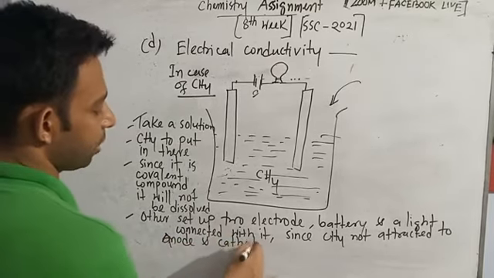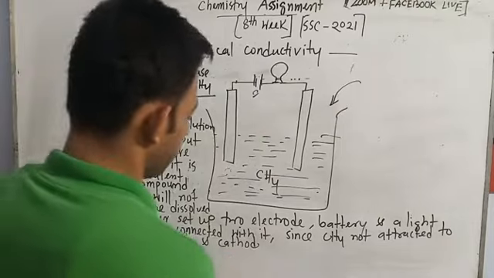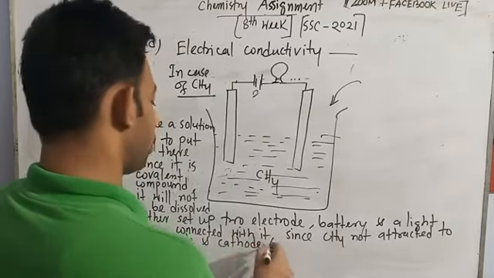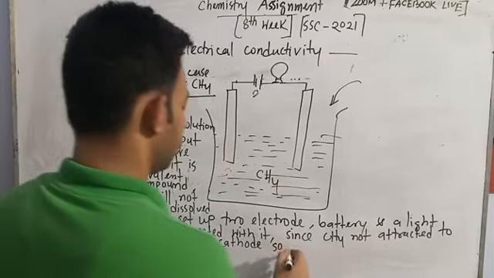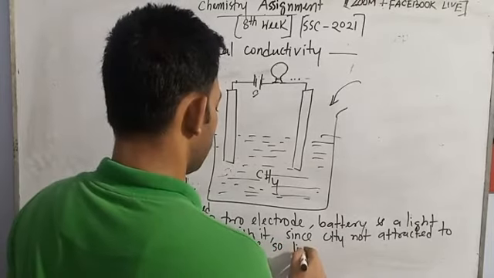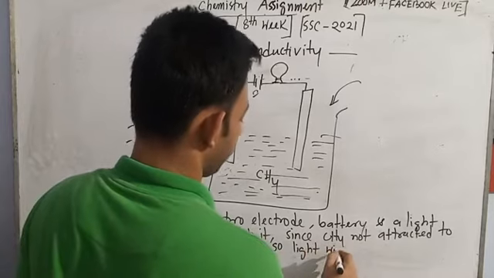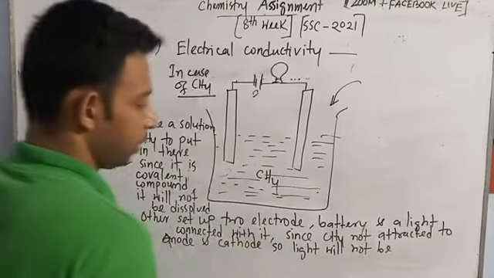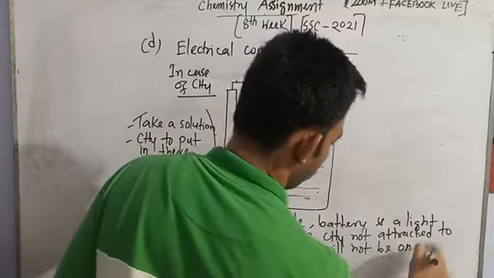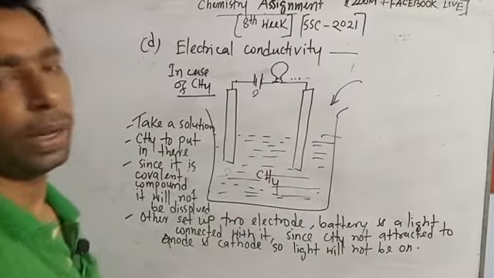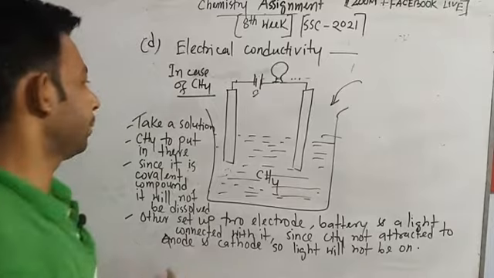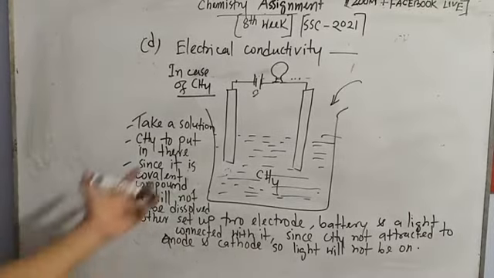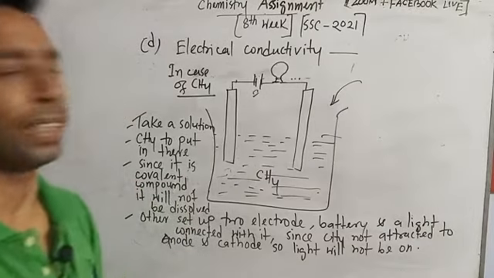Why are they not attracted? Because there is no charge there, no positive charge to attract to the anode and cathode, so the light will not be on or lit up. You can write that. So writing this in case of methane is done.